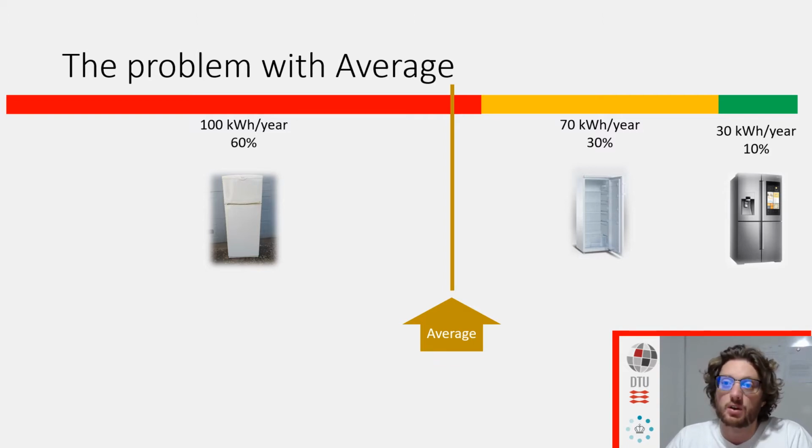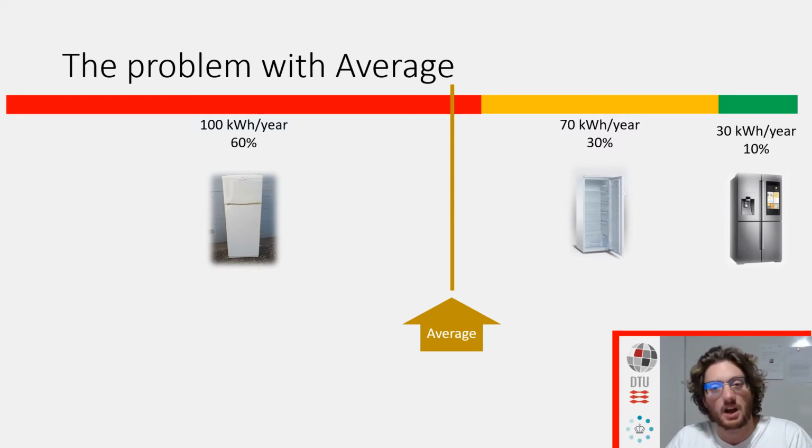The old one comprises 60% of all the refrigerators, and it uses 100 kilowatt hours per year. A decent one uses 70 kilowatt hours a year, but that only constitutes 30% of the total stock. And then we have a very efficient one, which is 10% of the stock this year, and it only uses 30 kilowatt hours per year, meaning less than a third of the majority of the fridges.